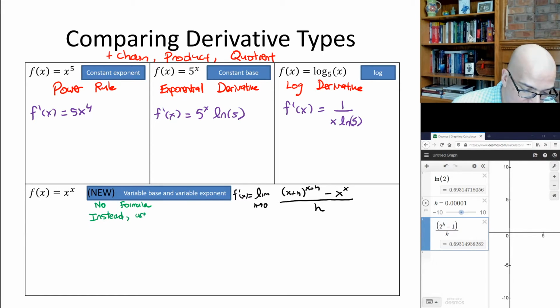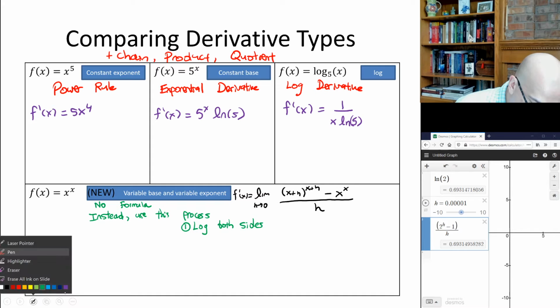Instead, use this process. Step 1: log both sides. So I'm going to do that here.